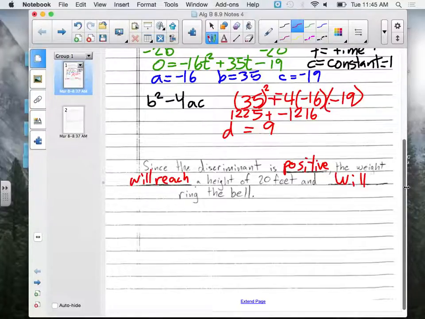Alright. So does everyone understand why that makes sense? That since our discriminant is positive, we have 2 solutions?